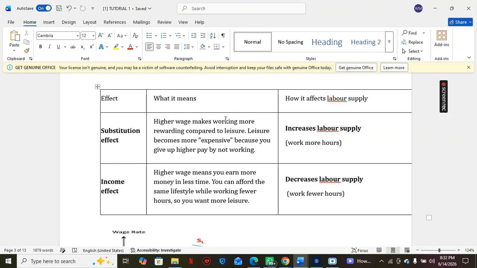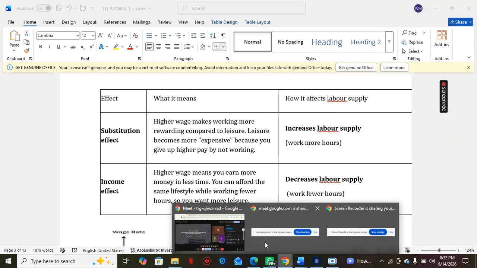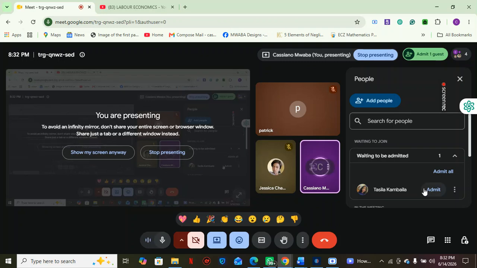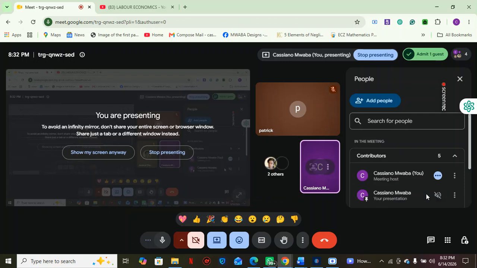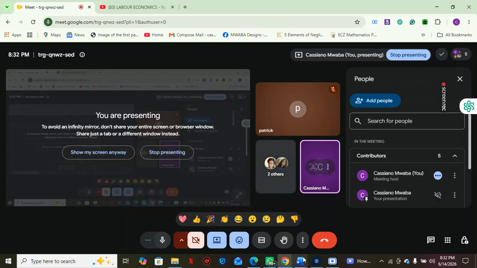So substitution effect, labor supply increases, or you work more hours because you are substituting leisure for work. So according to the substitution effect, you're putting in more hours as the wage rate increases.